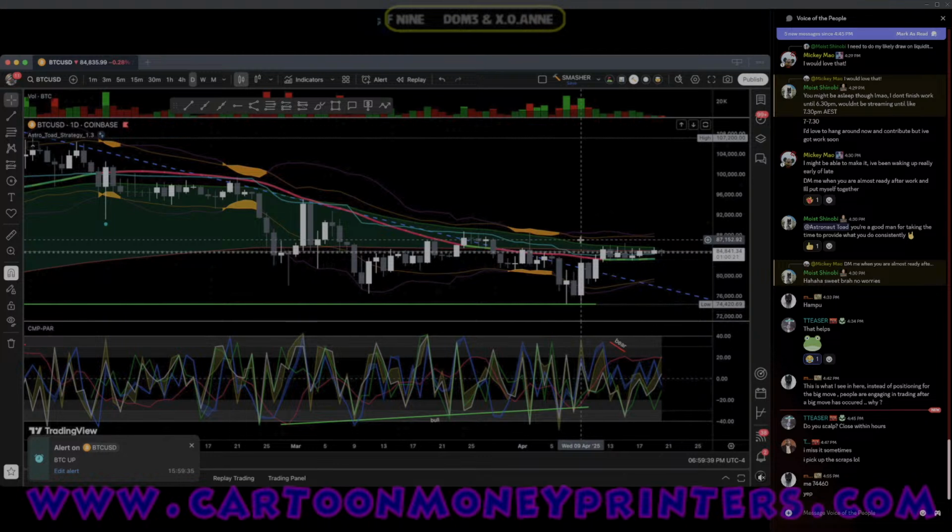And that would be my recommendation: if you want to scalp, pick 1 hour or 2 hours per day that you trade. You only trade within those times. You start on the 1 hour or the 4 hour to get an overall idea of where the market's going, like we look at the pair on the 4 hour and the 1 day time frame.